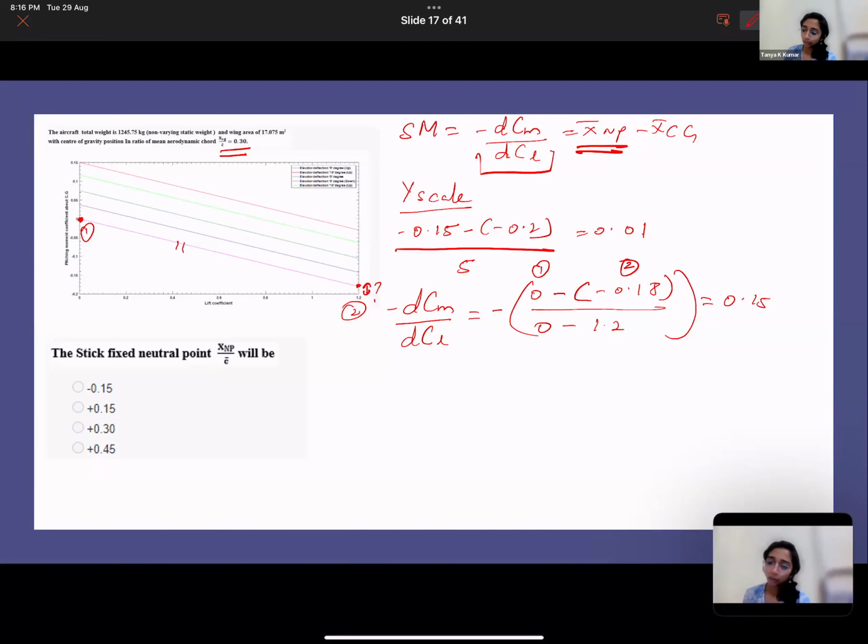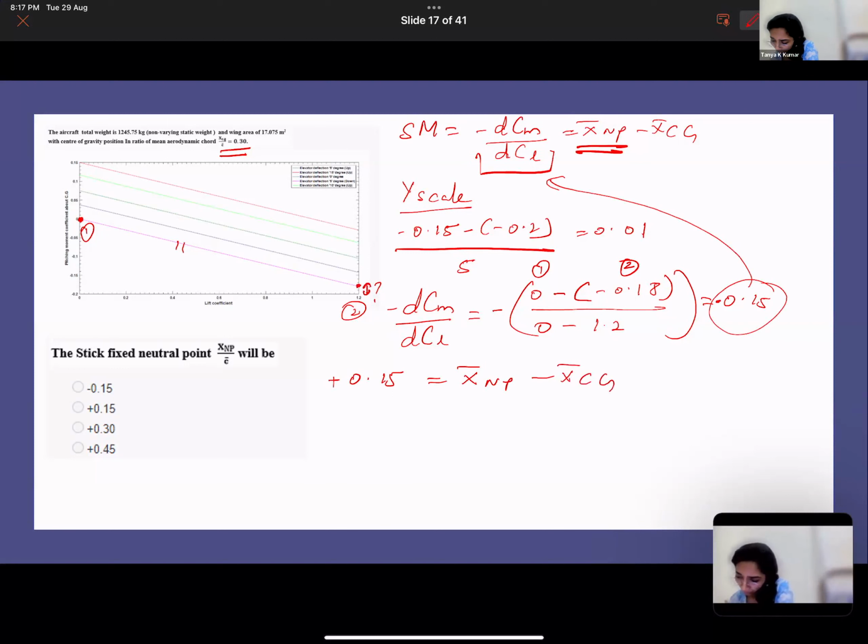Okay. So this slope, this value, I plug it into this equation. So you get minus, there's a minus here. Okay. So there is a minus there. So it's 0.15 equals x bar NP minus x bar CG.